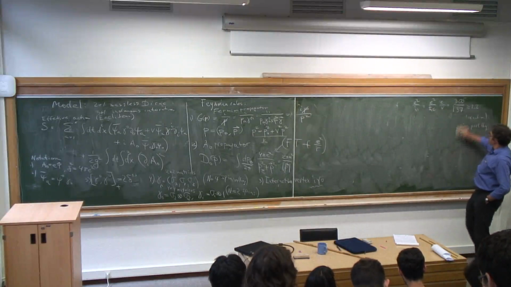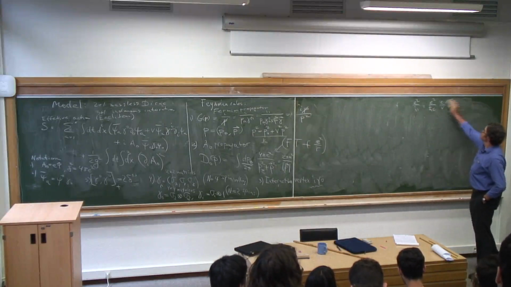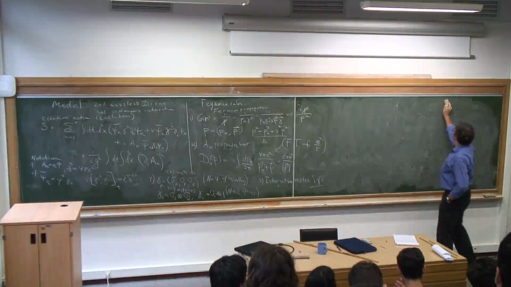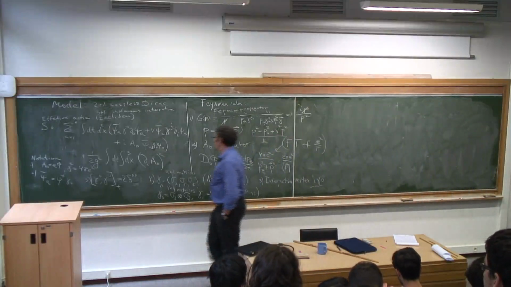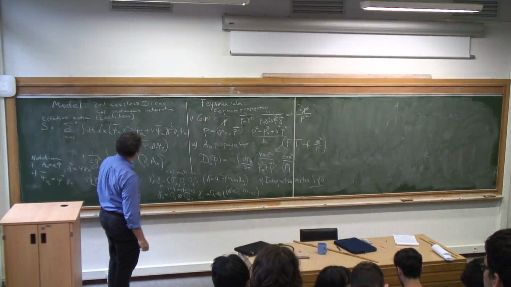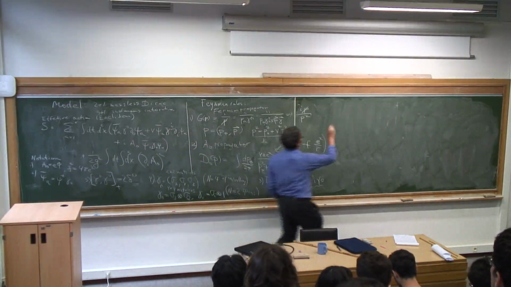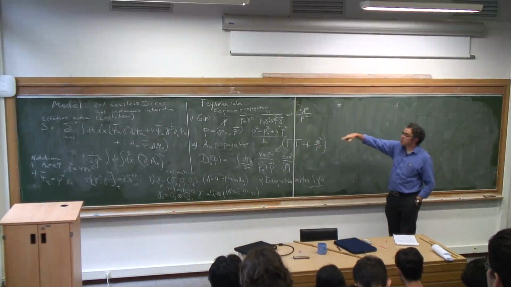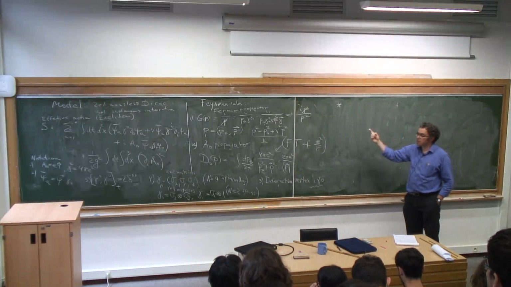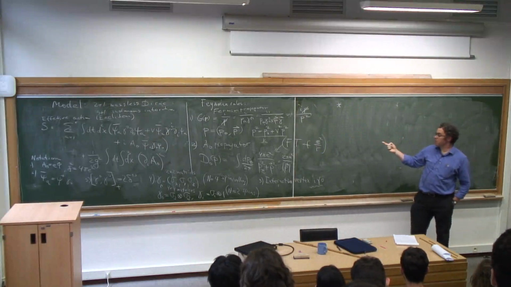Sorry, is it possible to see the gauge field in terms of the original degrees of freedom? So the gauge field, yeah. The gauge field that appears here is just the instantaneous Coulomb interaction, nothing but that.